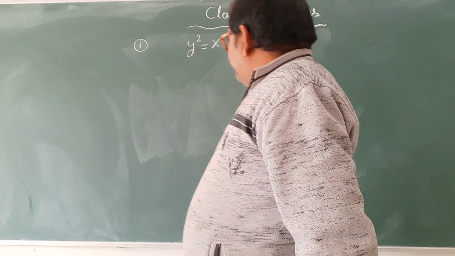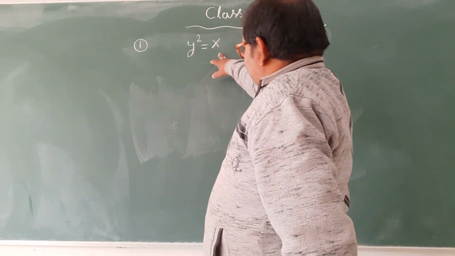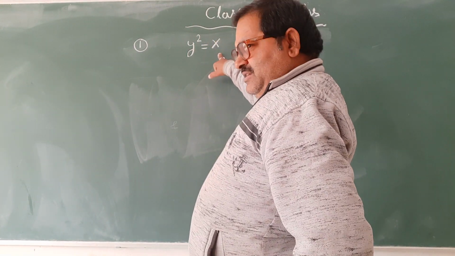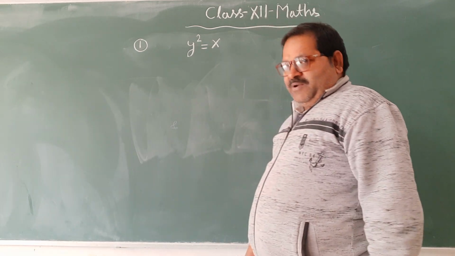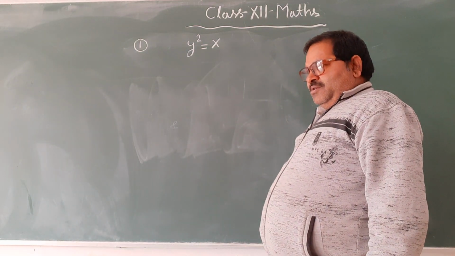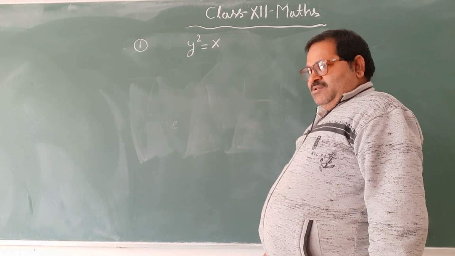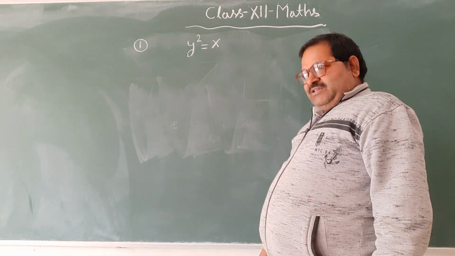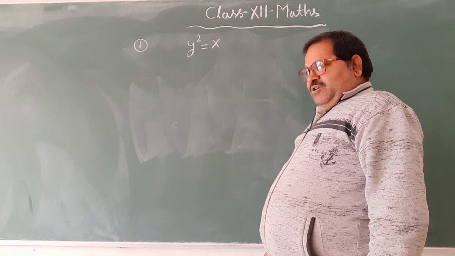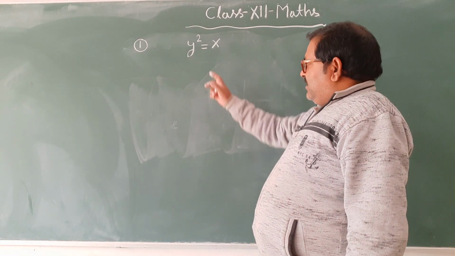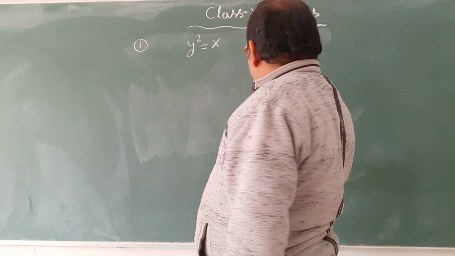Now here y square equal to x is a curve of parabola. This parabola is along the x axis, because y is square.